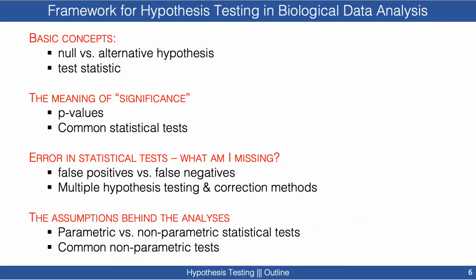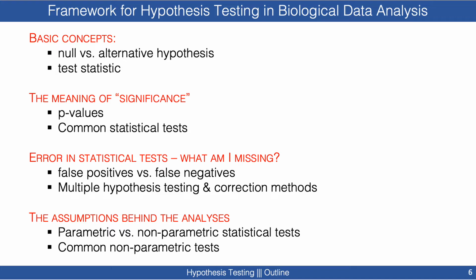The lecture will be organized by first giving you the basic concepts. What is a null hypothesis? What is an alternative hypothesis? And how do you define a test statistic that allows you to decide whether the null hypothesis explains or does not explain the data that you generated to test that hypothesis?